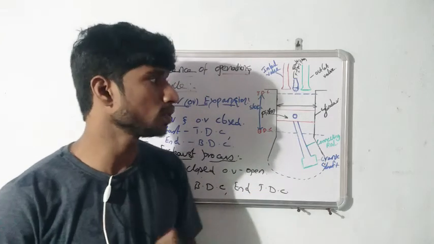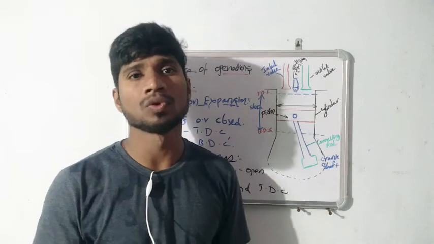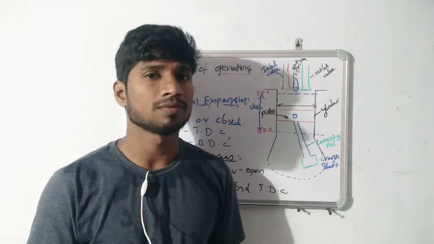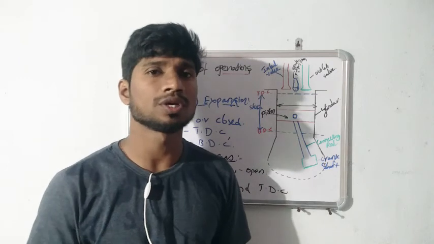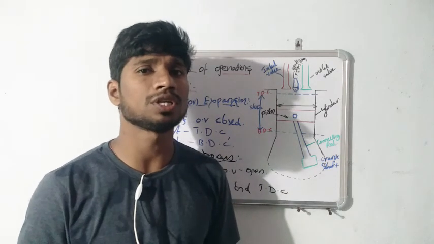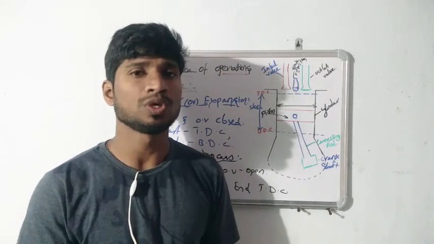Based on this working process, we already discussed that engines are divided into two types: one is the two-stroke engine and another is the four-stroke engine. In case of a two-stroke engine, the four processes will be completed in two different manners.